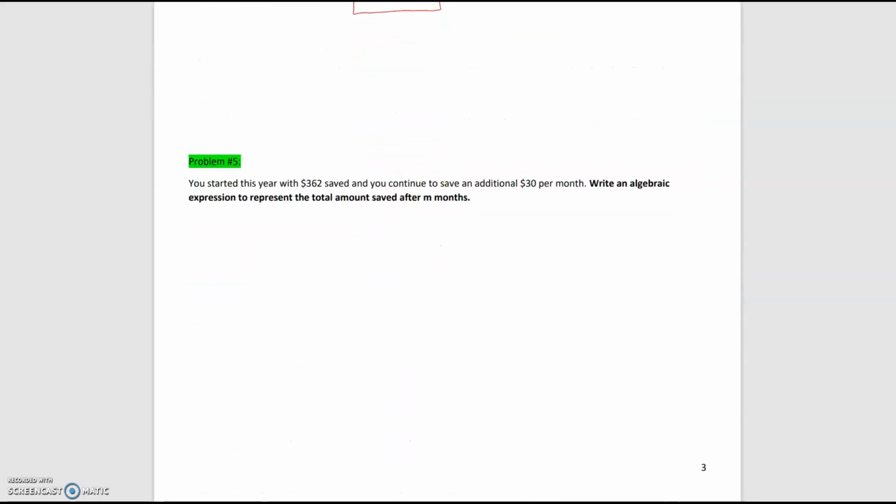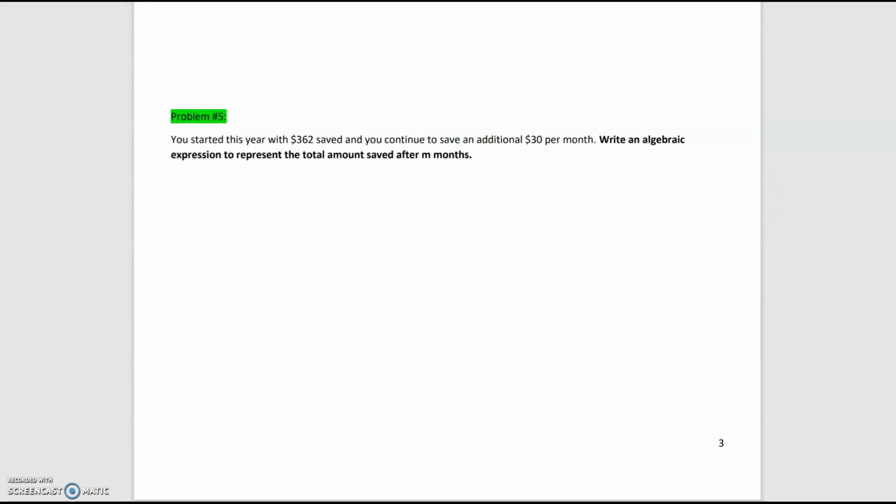Let's move on to the next problem. Okay, and in this case, please take a second and read it. Our variable is going to be months. So I'm just going to let M equal the months. And then the expression is going to be in the following form.